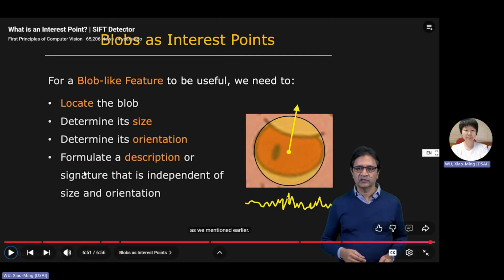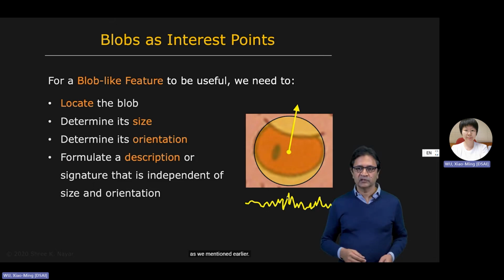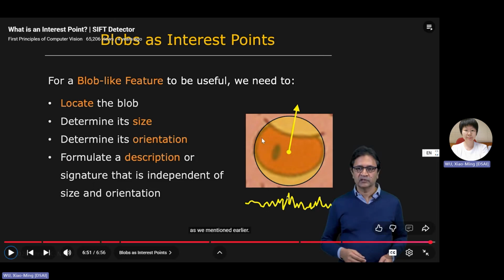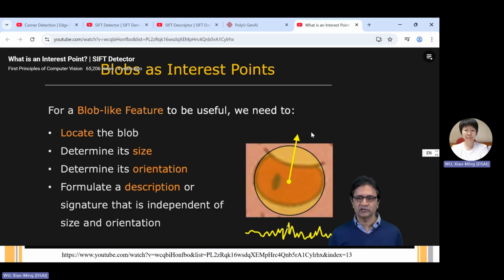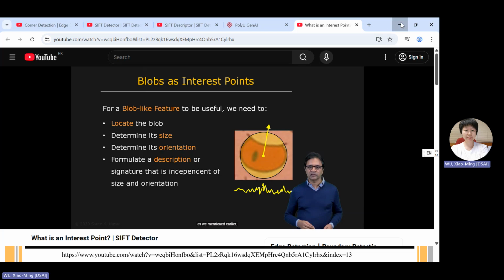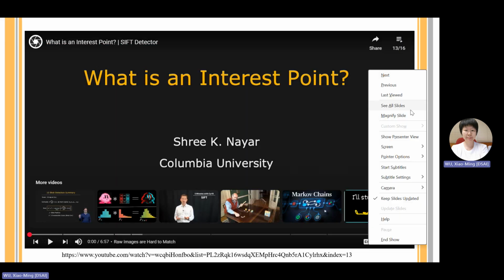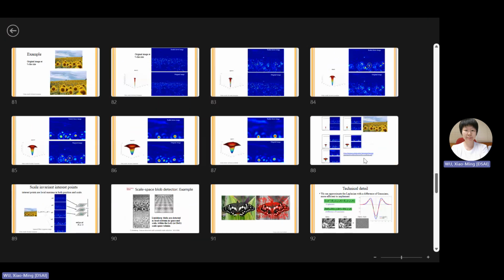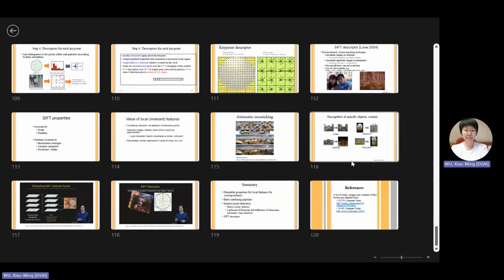So the signature is the vector description, the standard vector description of the content of such an image patch. What do we mean by standard description?